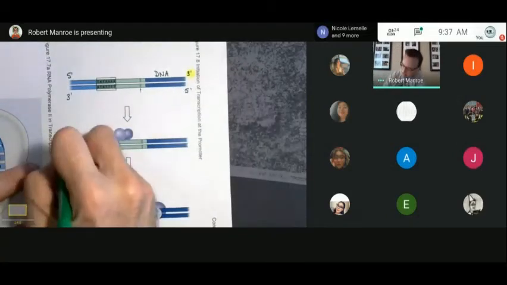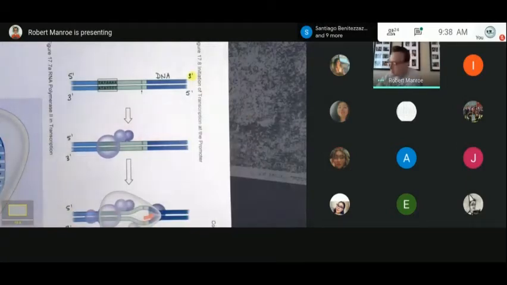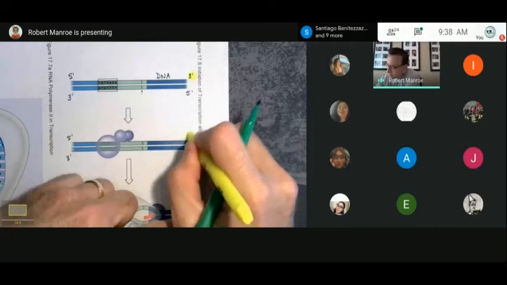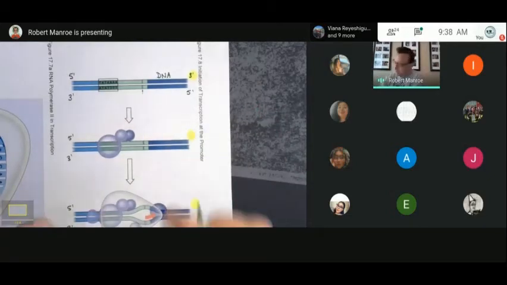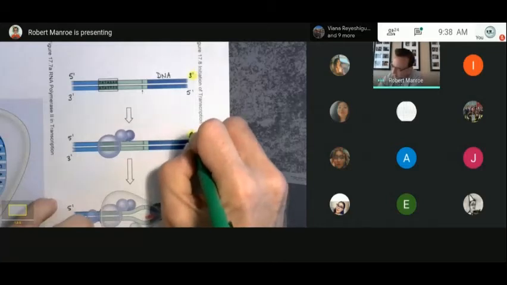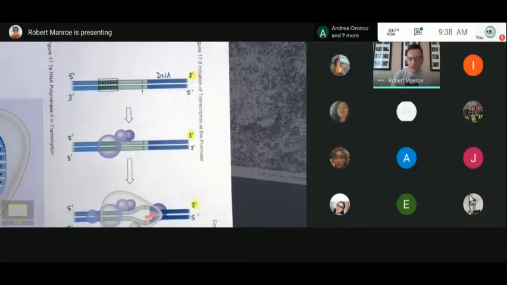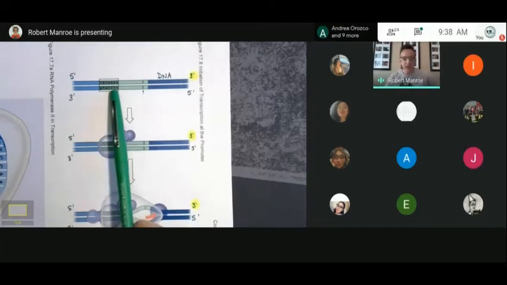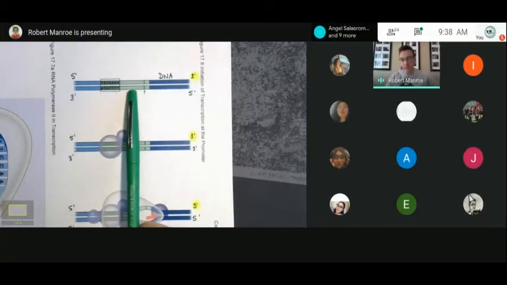Always. Let's be efficient. Do them all at the same time. 3, 5, 3, and 5. Okay. This bottom strand is the strand that is going to be read. So this bottom strand is your template.